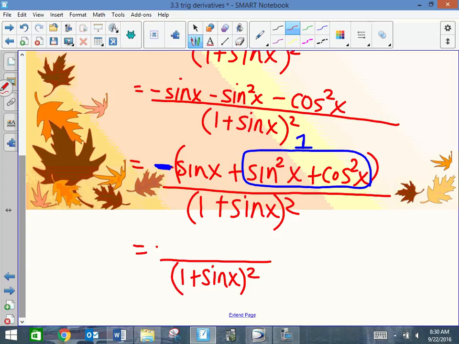And then we have what? Negative sine of x. What's left? Minus 1. Oh, wow. I should have left that factored. Then what? Negative 1. Okay, very good.